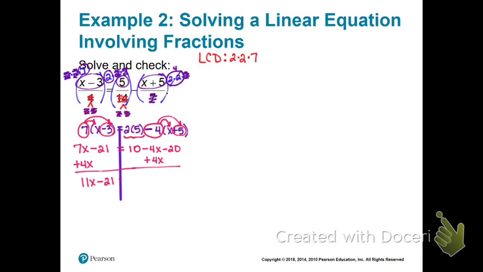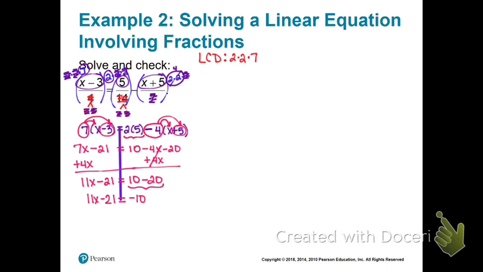So my minus 21 equals, I have 10. Negative 4x plus 4x cancel, and I still have minus 20. Some of y'all might have wanted to combine the 10 and the 20 first. That's okay. It doesn't matter. So we have 11x minus 21 equals, what's 10 minus 20?